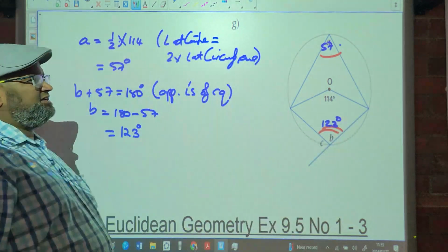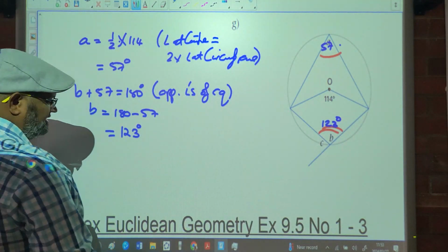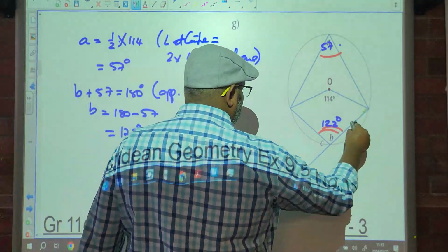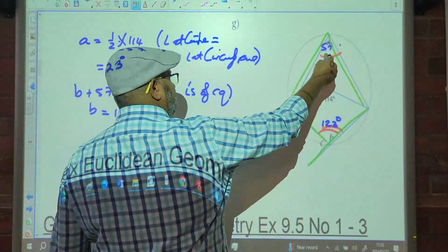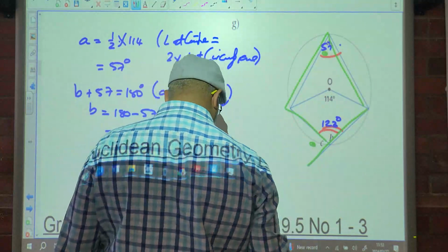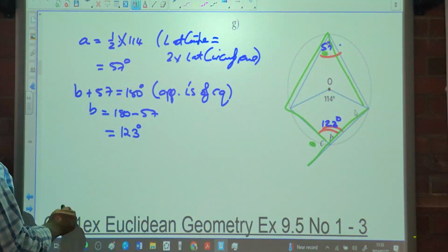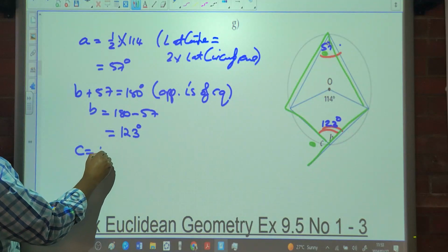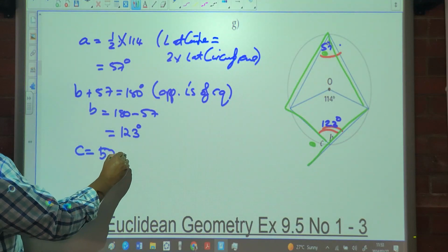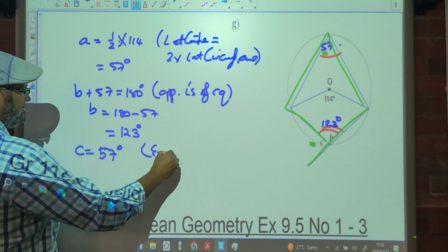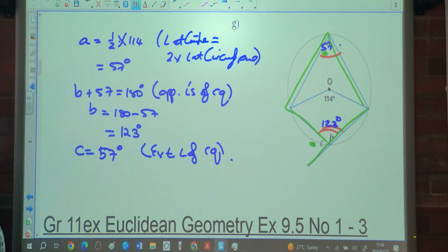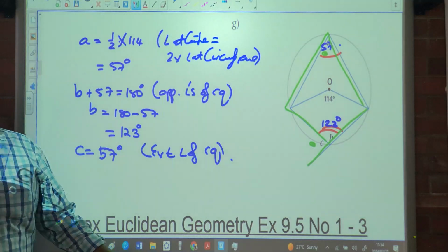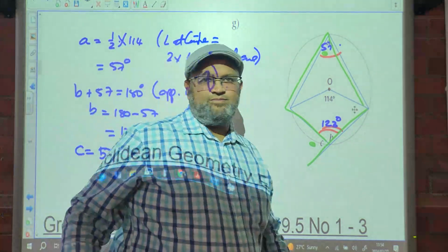How do you calculate C? Straight line, or it's the exterior angle of a cyclic quad. So that angle is equal to that angle. So C is equal to 57. Exterior angle of cyclic quad. Is there any confusion there?